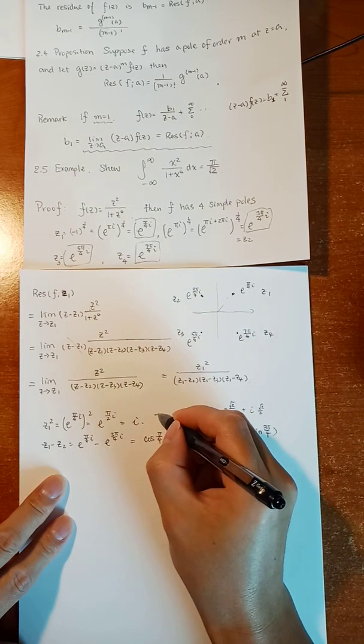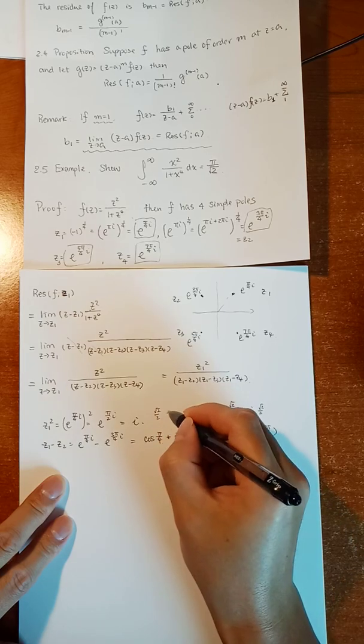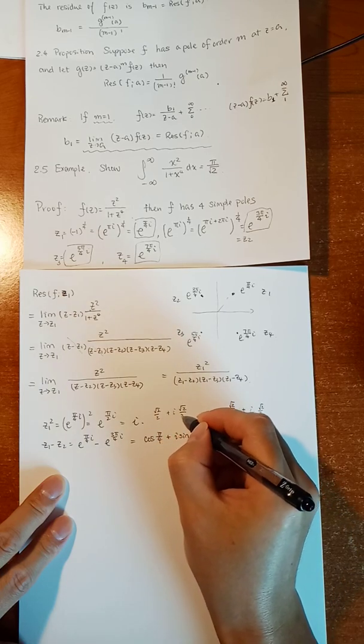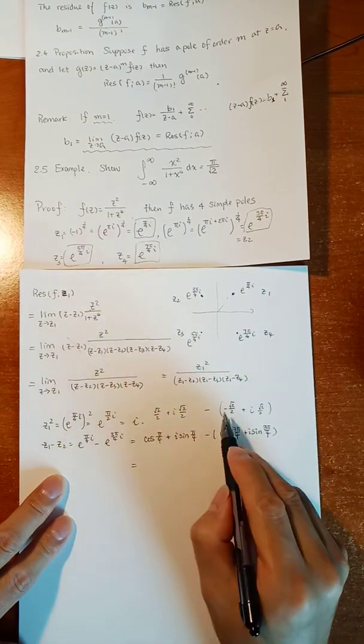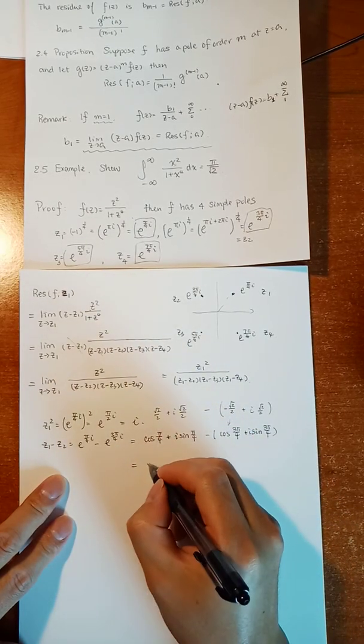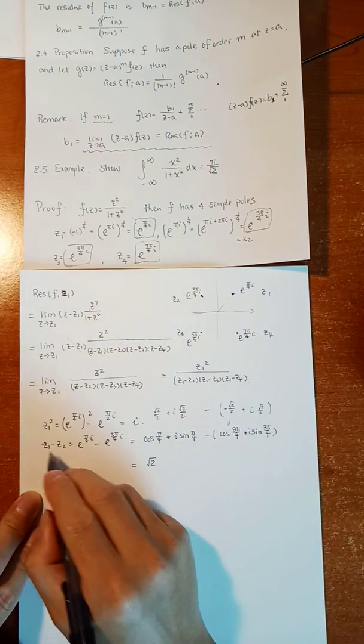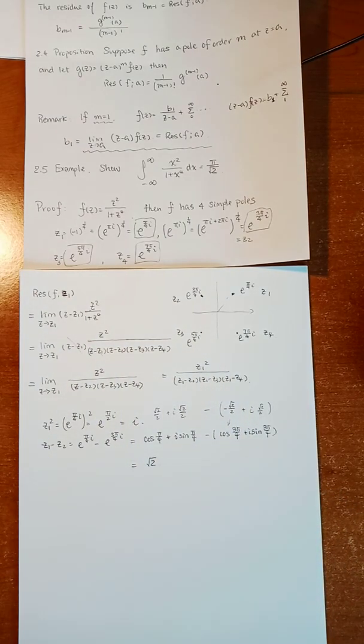This is square root of 2 over 2 plus i square root of 2 over 2. You do subtraction, so you only have square root of 2 plus square root of 2 over 2. So it's square root of 2. So z1 minus z2 is root 2.